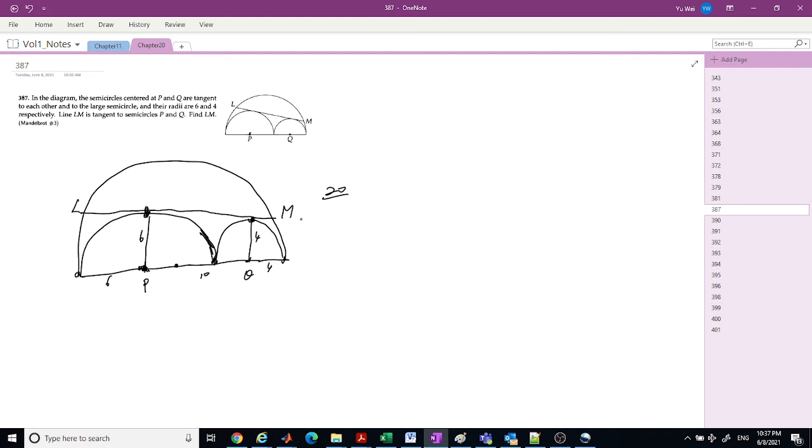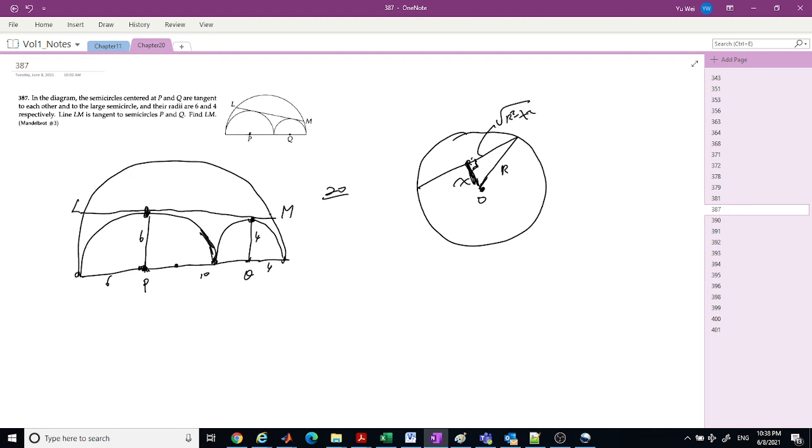In order to find LM, how do we normally calculate any chord length? If this is O, and we know the radius R, and we know the distance from the center to the chord is X, then half of the chord is the square root of R squared minus X squared.